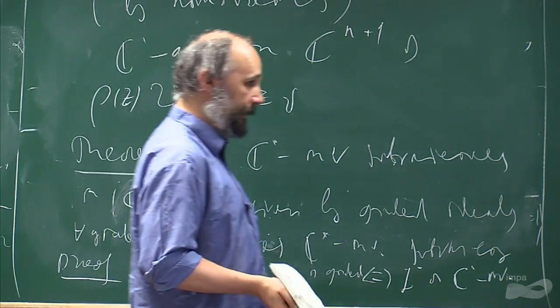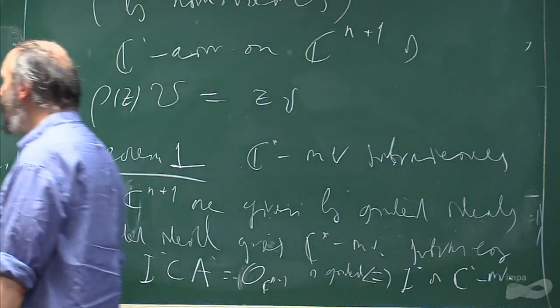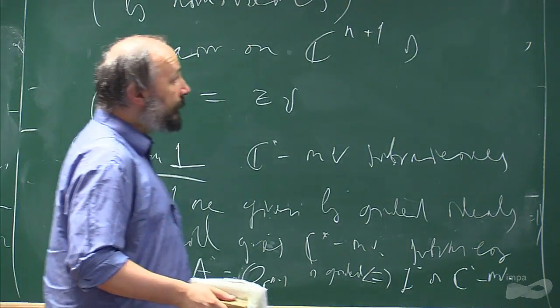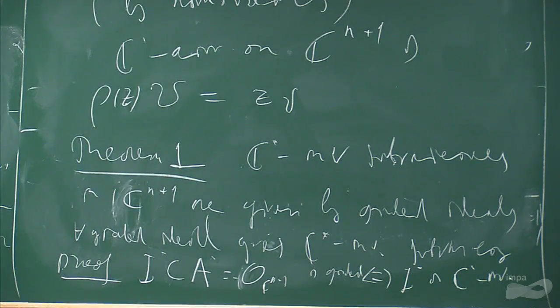Well, radical ideals and subvarieties. Now you have a bijection between radical ideals and projective varieties. Let's start with radical.